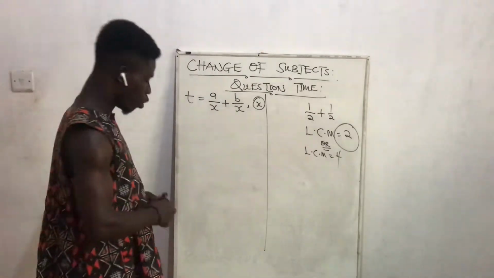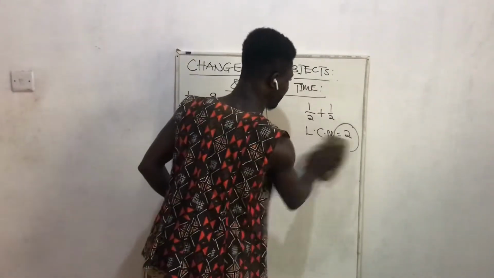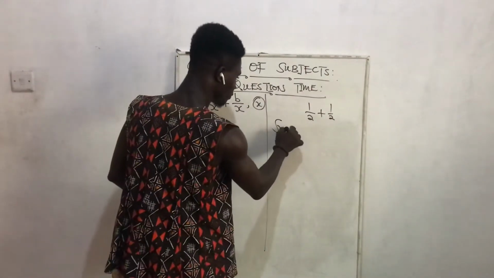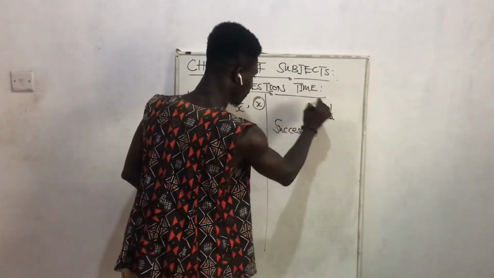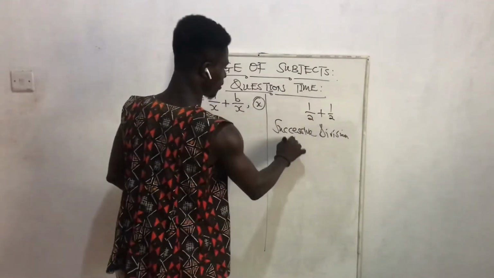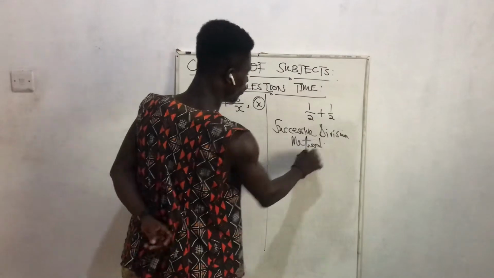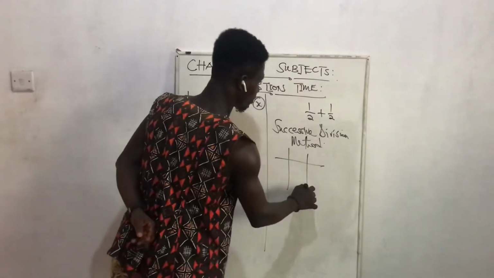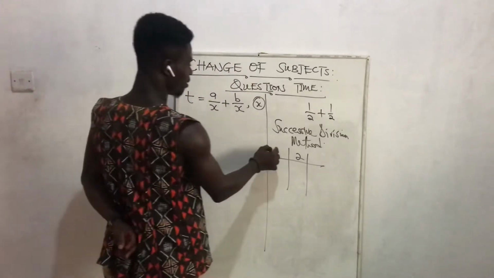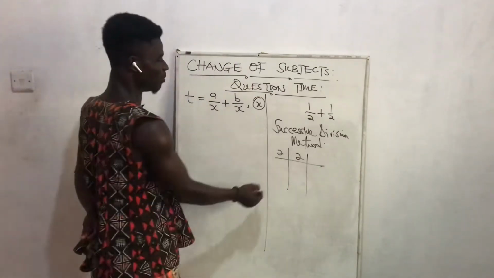2. Because if you are using the successive division method, we only use prime numbers here. So 2. 2 goes into 2 how many times? 1 time.